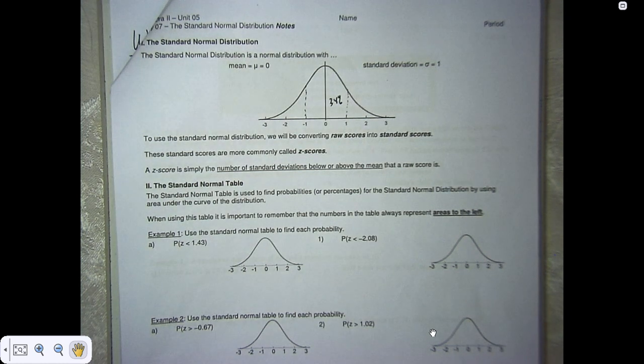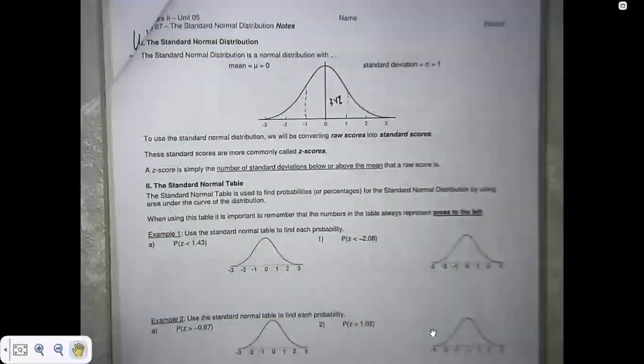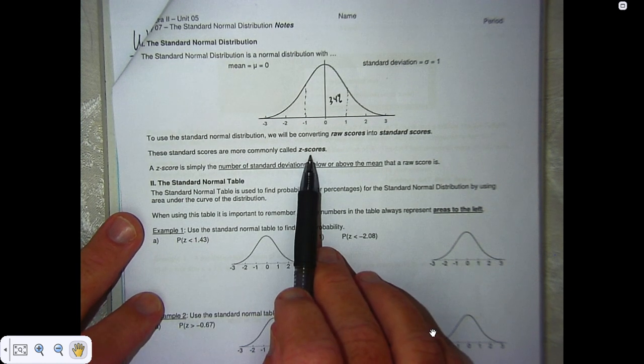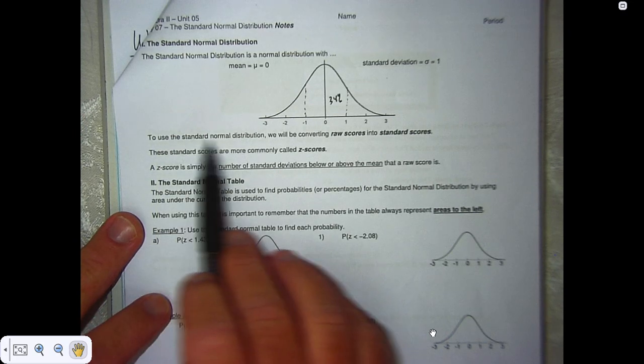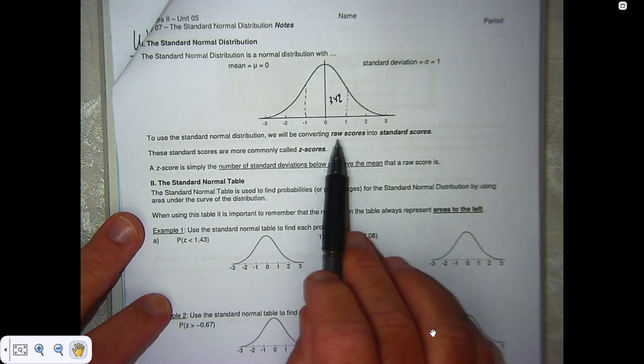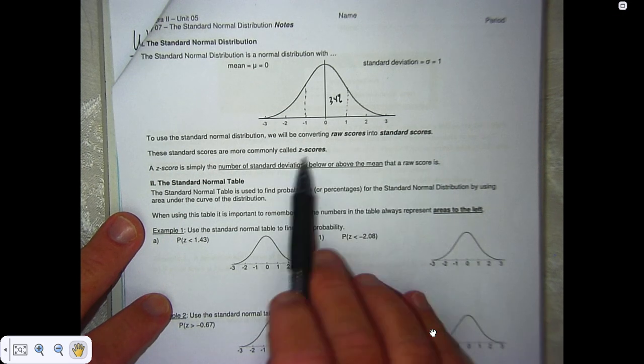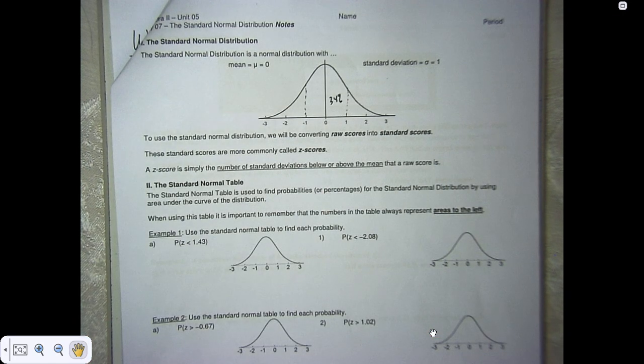Okay, we want to convert all kinds of our scores, and this is what we're going to be doing the next couple days. We're going to convert all of our scores to what's called a z-score. The standard scores are more commonly called z-scores. To use the standard normal distribution, we'll be converting raw scores into standard scores. So we have a little formula that we convert, really easy to do, and we'll talk about that tomorrow.